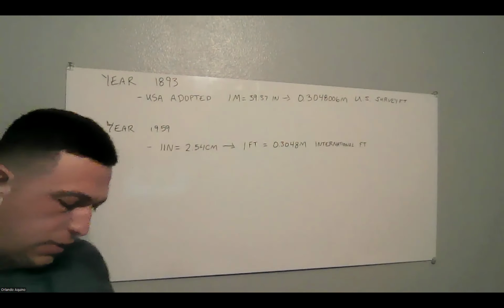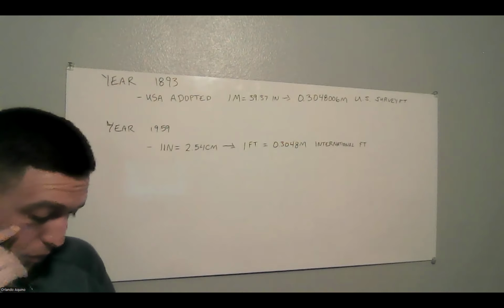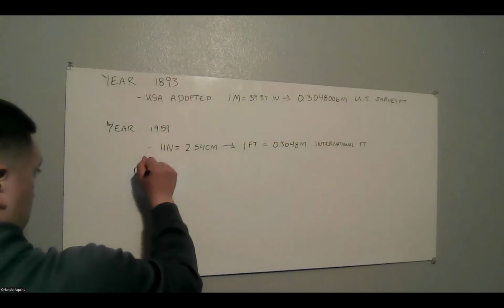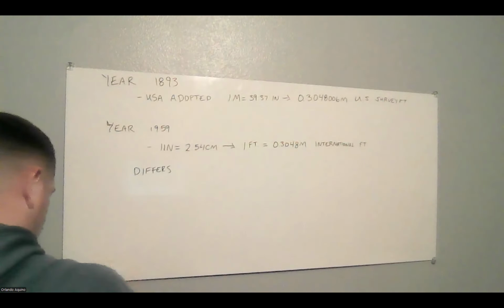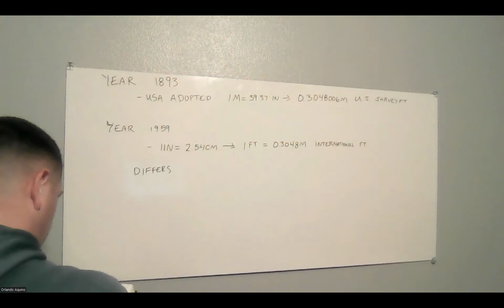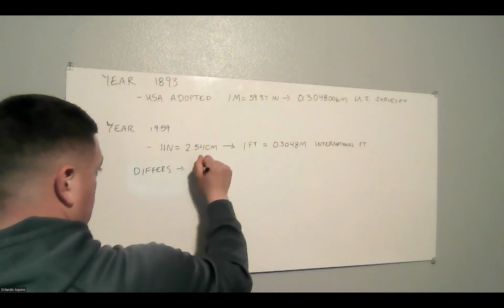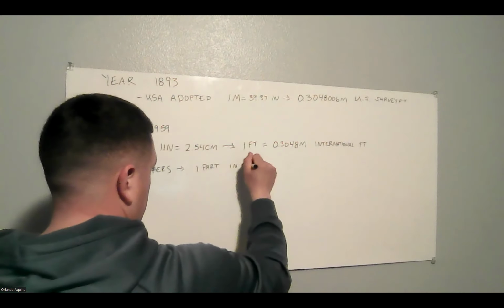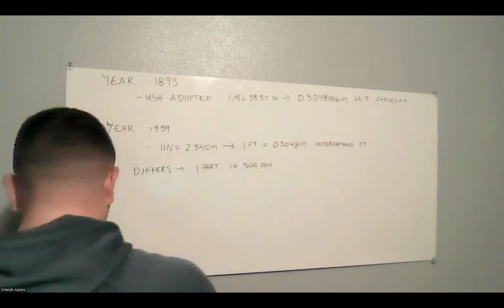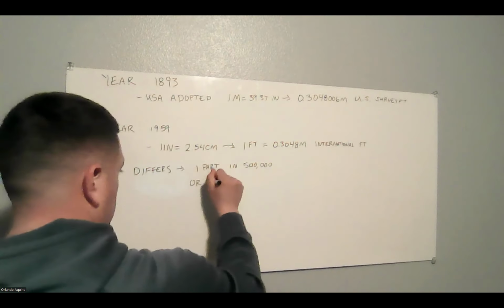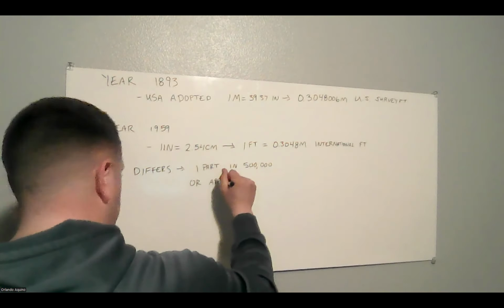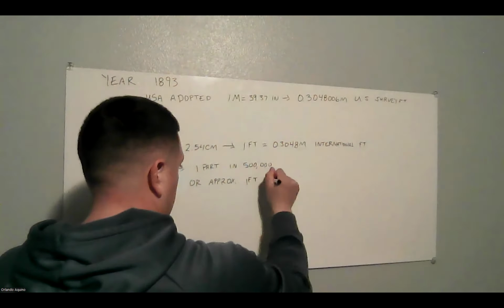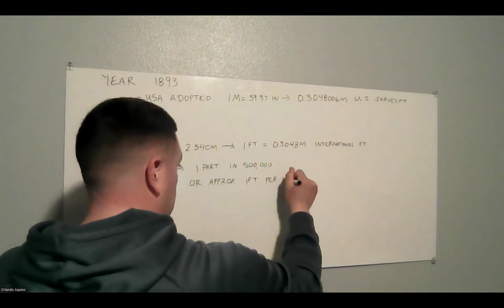All right. What does that exactly mean in differences? Well, this differs by 1 part in 500,000, or approximately 1 foot per 100 miles.